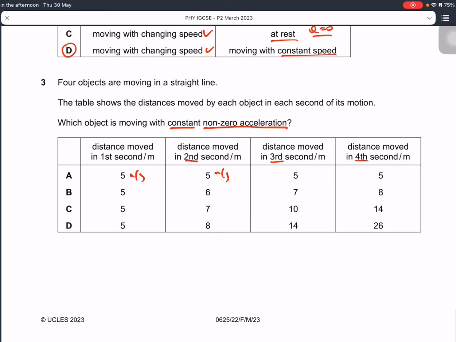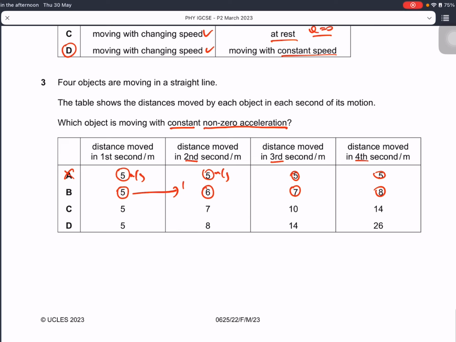It used to be 5, again 5, again 5, again 5. There's no change in speed here, so A is not an option. Second: 5 in a second, then 6 meters per second, 7, 8. So from 5 meters per second, it changed to 6 meters per second.